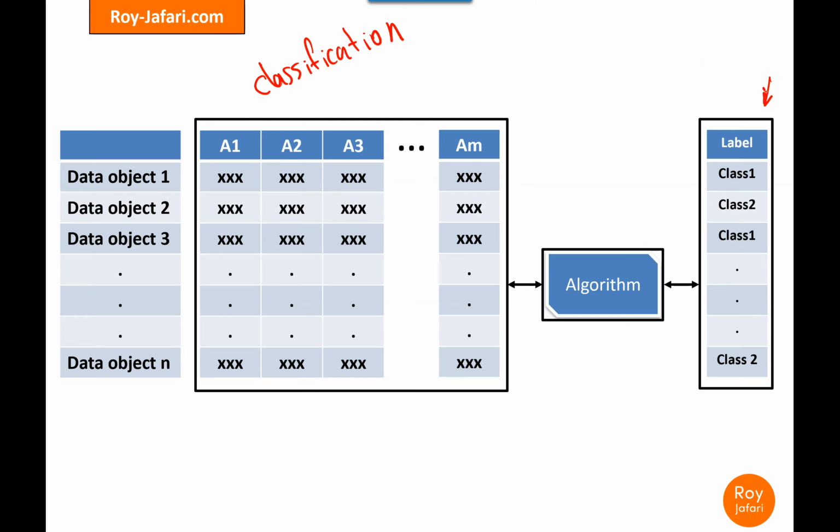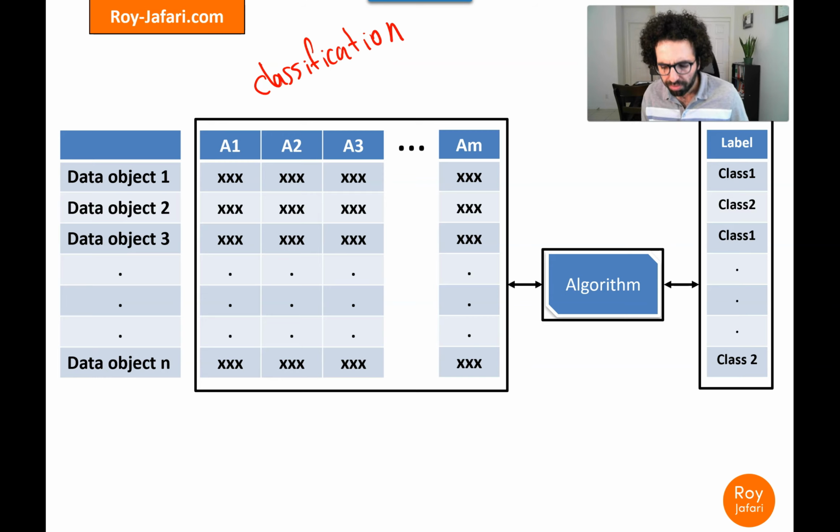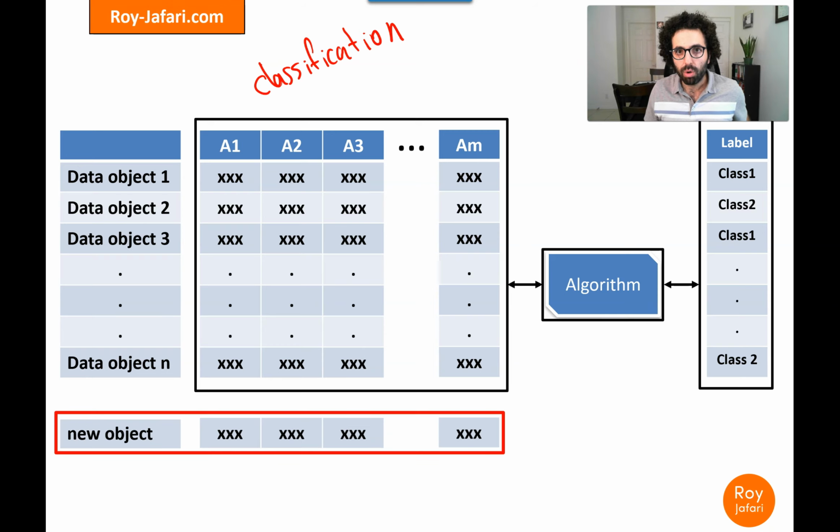So exactly like prediction, we want to find the patterns that connect the independent attributes to the dependent attribute, so we can use those patterns or those connections to come to a class prediction for the new object, class 1 or 2, based on those patterns. So that's classification.